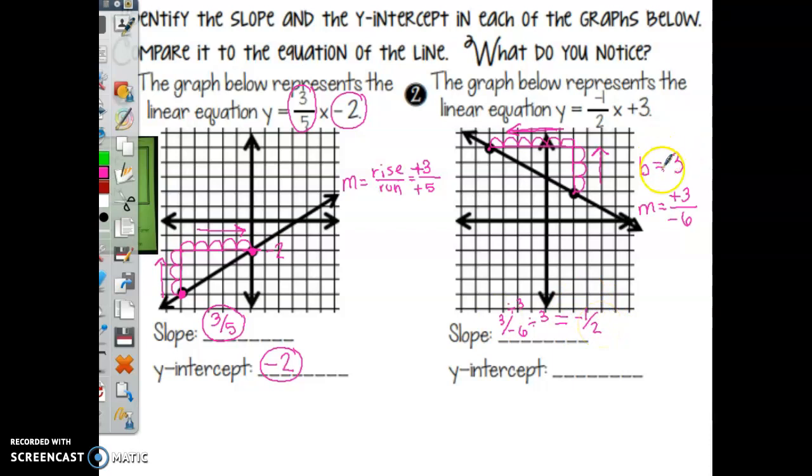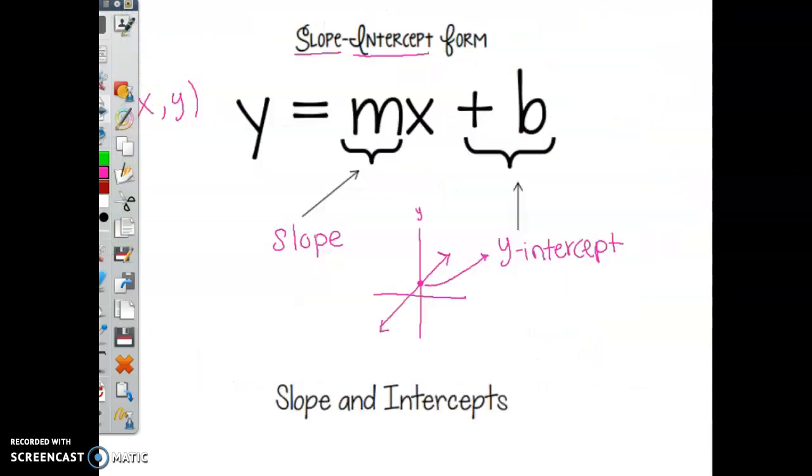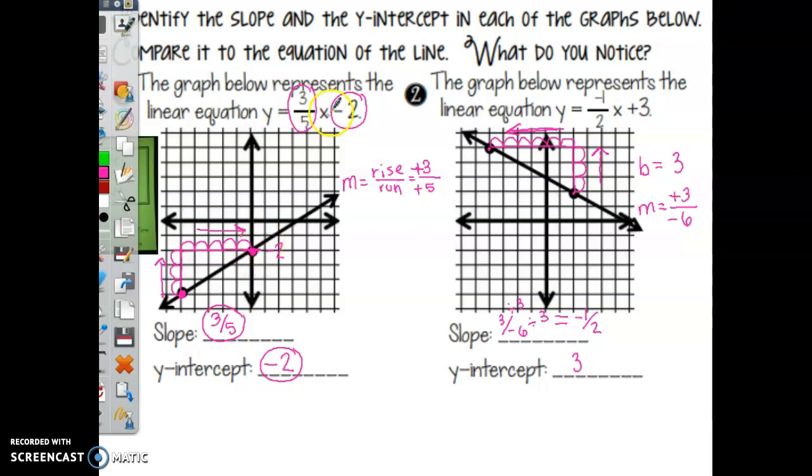And then our y-intercept is 3. Well, that matches our y-intercept 3. If you look at this page real quick, this bracket right here not only includes the letter b, it also includes the sign, which means if you have a negative in this spot right here, it's going to be below our origin.